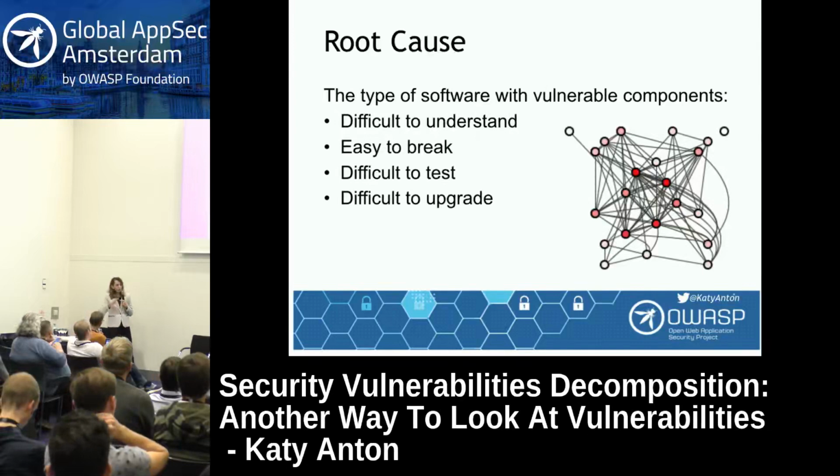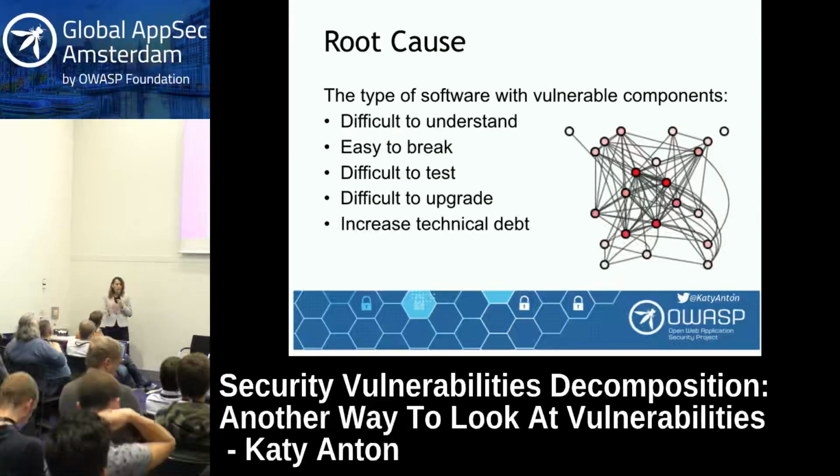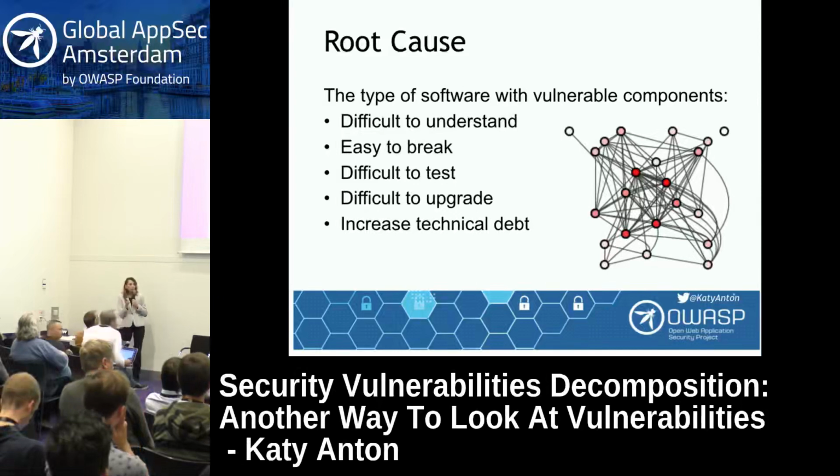As a result of all of these problems, nobody wants to go there and do any upgrades. And all of this leads to technical debt. So the bottom line is that all of these issues are because of an application that has a high level of technical debt, or in some cases legacy applications, which there are companies that have quite a large proportion of. So what can we do about this?